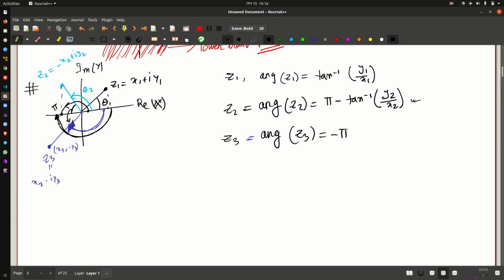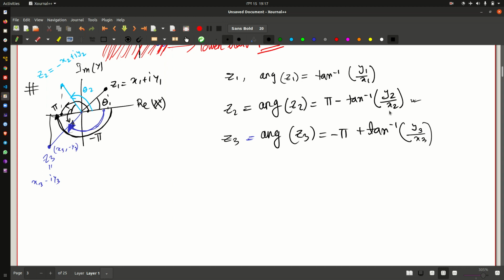So there is an angle of minus pi, and then you can do the geometry just like the previous case, and you have to subtract that angle, and this will be just tan inverse y3 by x3. Note that while I'm writing these formulas, I'm not considering the signs of y's and x's.